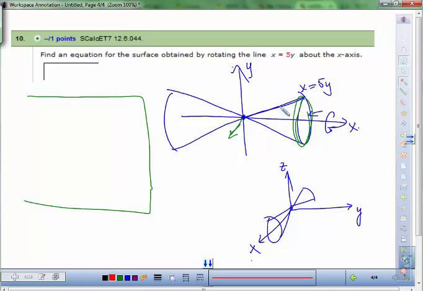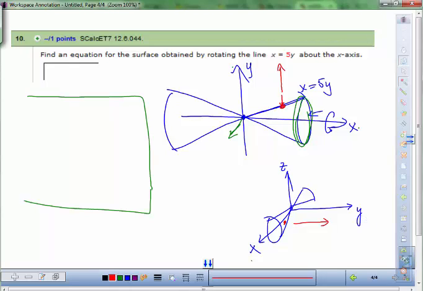Well, if I punch a little hole on top of the y, that hole will be over here somewhere. So this is the y going up, this is the y going up. Oh, okay. I see it. Okay.